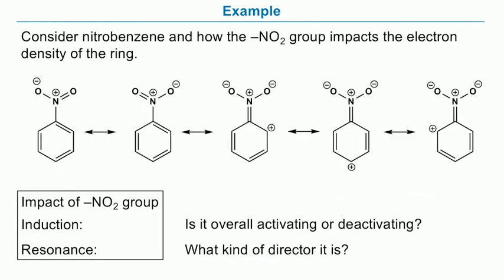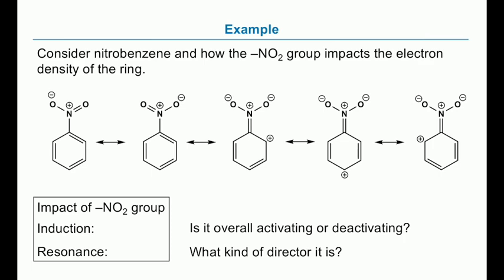Okay, nitro is different. So here we've drawn out all the different structures we have for nitro. A nitro group, remember, is a formal charge as an N+. We have more resonance structures as a result of that. But since we have this formal nitrogen plus, look around the ring. How would we rank this?